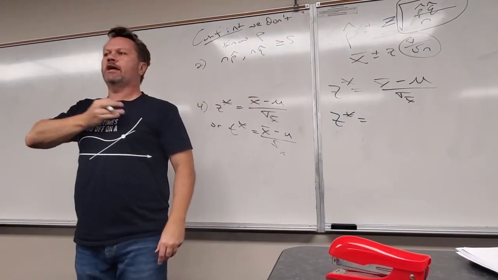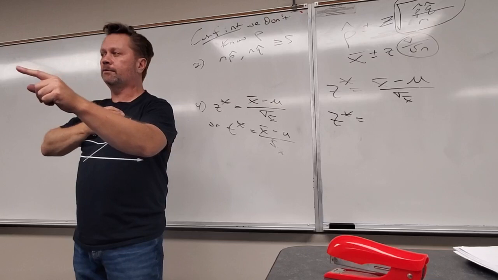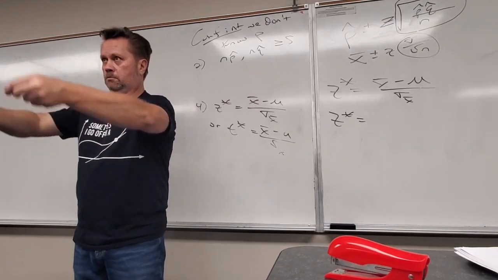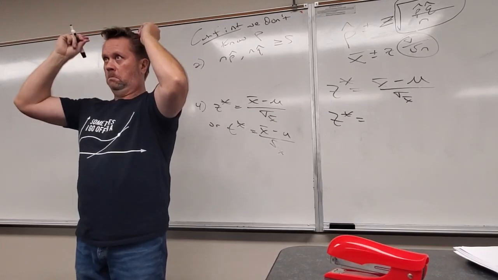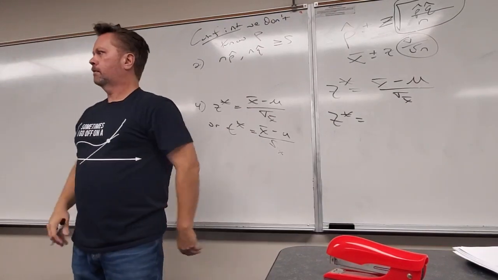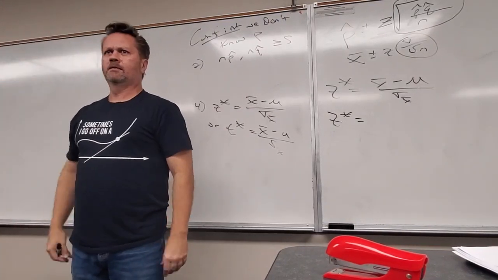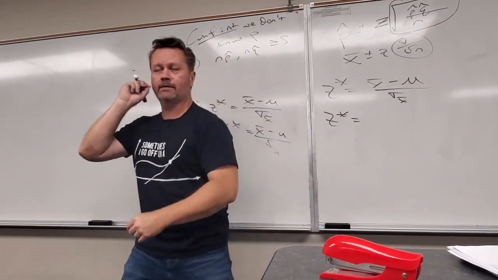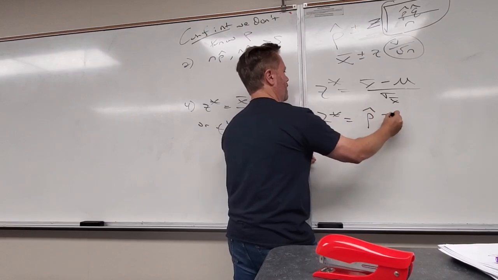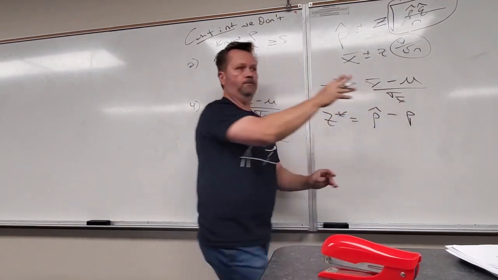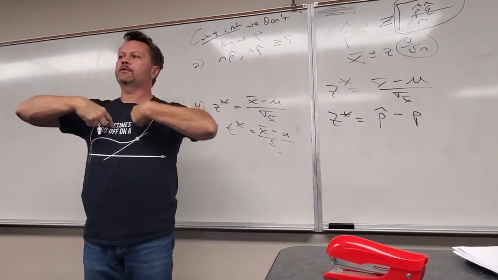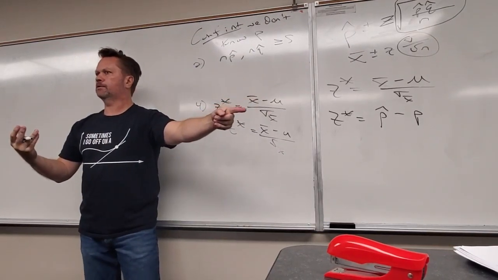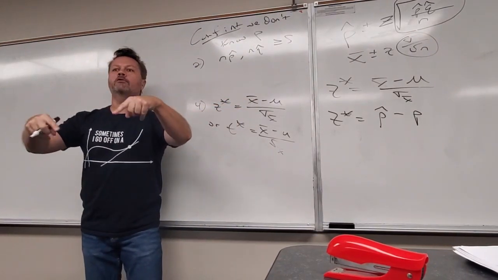It's going to be our sample percentage, which of course is what symbol for sample percentage? P hat. So p hat minus p, so our sample percentage minus what we're assuming to be the population percentage, divided by the appropriate spread.